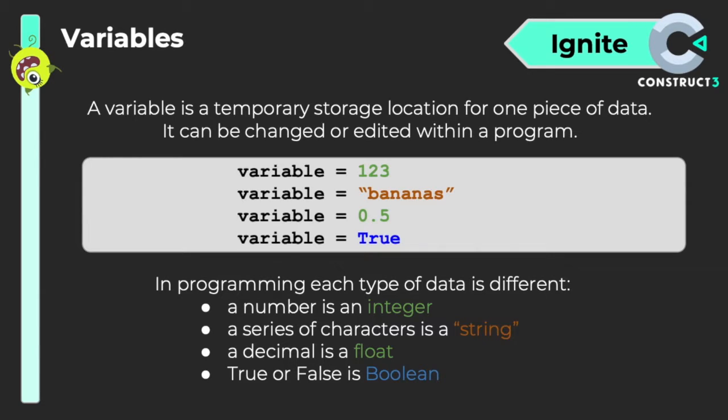So if you want the variable value to be bananas, you have to put quotation marks around bananas. The third type of variable is a float. Those are numbers with decimal points in them. And then finally, a true or false is called a Boolean. So if you need to just check if something is true or something is false or equal to, then you would have a Boolean variable.